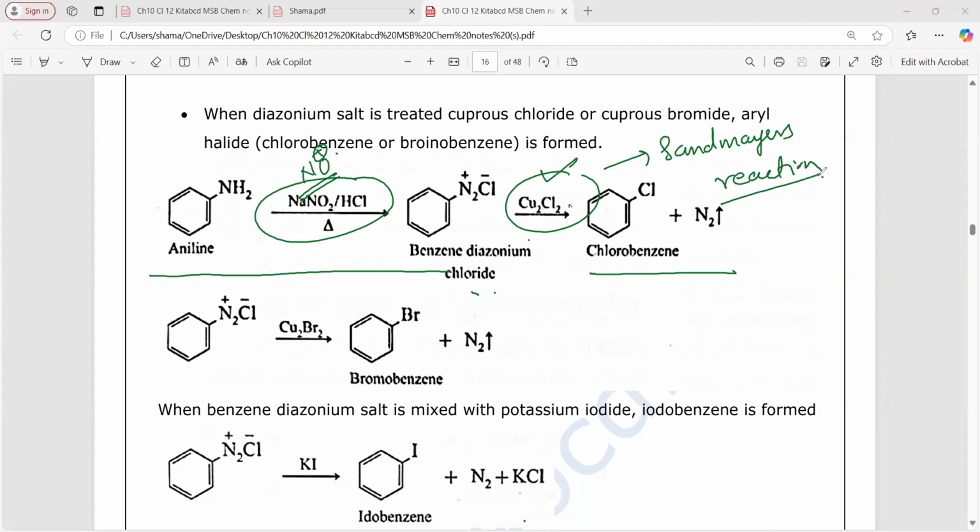This is a little confusing reaction. You won't understand it within a minute, it will take time. So I will explain it thoroughly in tomorrow's class, from the preparation of your electrophile, to how the attack of benzene would happen on the electrophile and how you will get the ortho and para directing products.